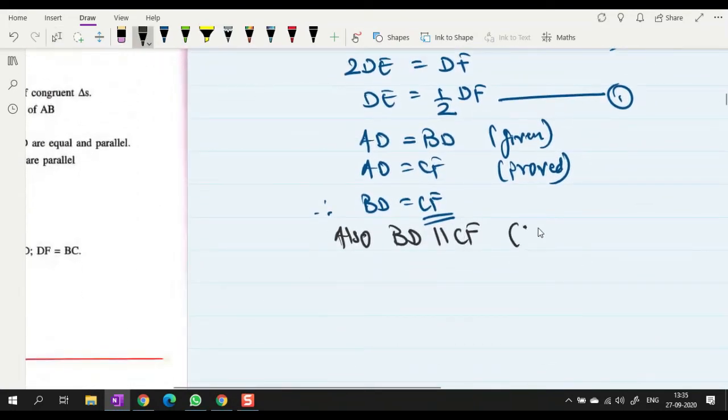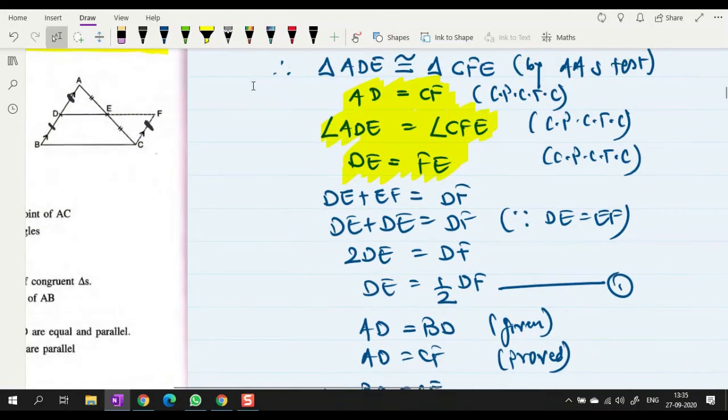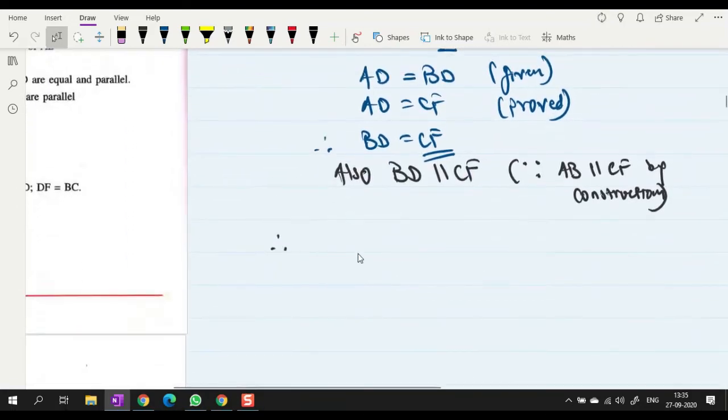So I will write here in reason, since AB is parallel to CF by construction. Therefore, BD is parallel to CF and BD is equal to CF. So we can say that BDFC is a parallelogram.